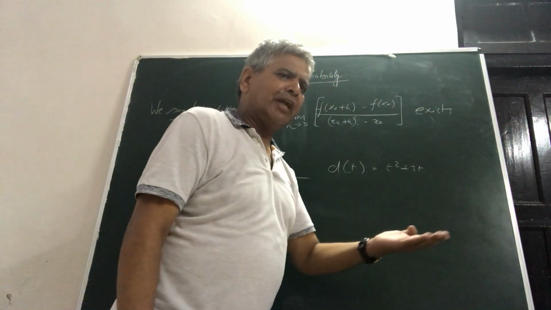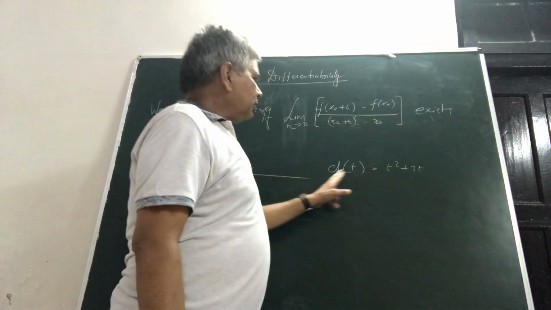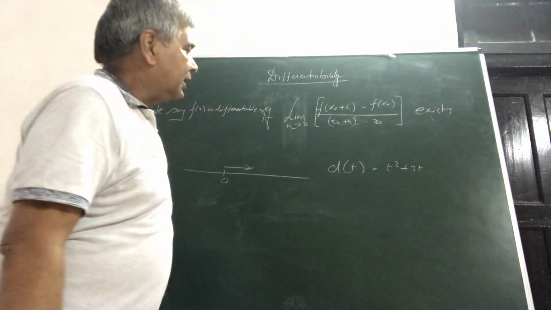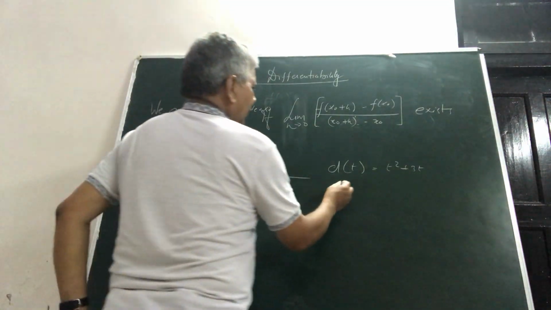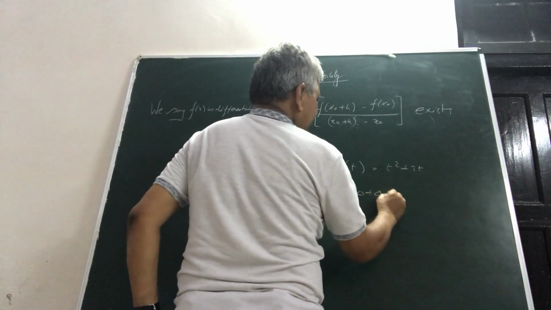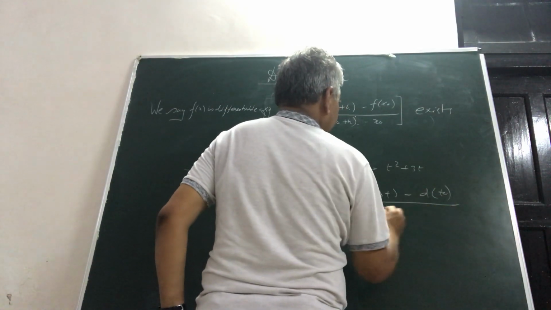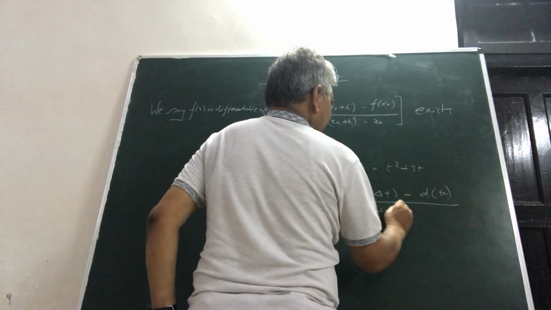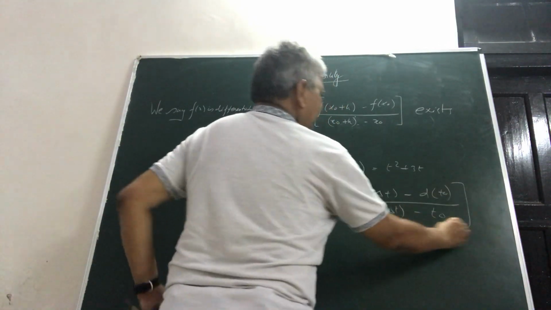So at any point of time I can find where my particle happens to be through this distance function. Now see, suppose t naught is some point, and I write s of t naught plus delta t minus s of t naught. Then what is it giving me? Please look in.